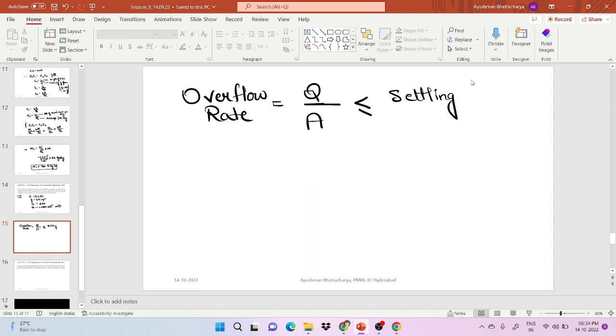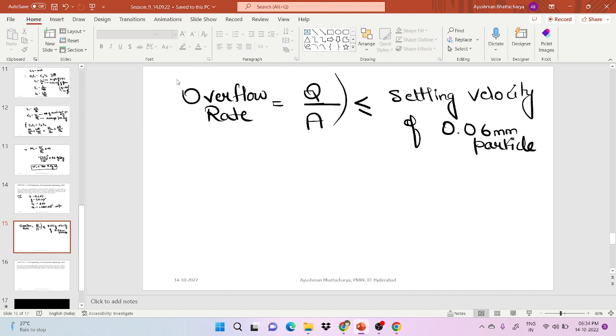For removal of the particle, the overflow rate should be less than or equal to the settling velocity of the 0.06 mm particle. Okay, so this is the overflow rate.